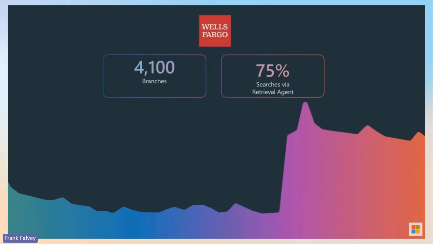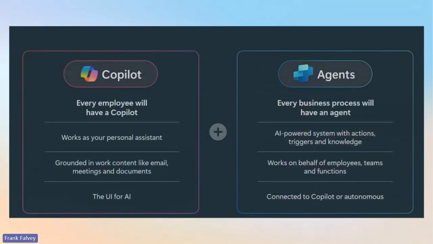Okay, moving on. So we can see there on the left-hand side, every employee has a Copilot, works as your personal assistant, grounded in work content like emails, meetings, documents, and it uses a user interface for the AI.